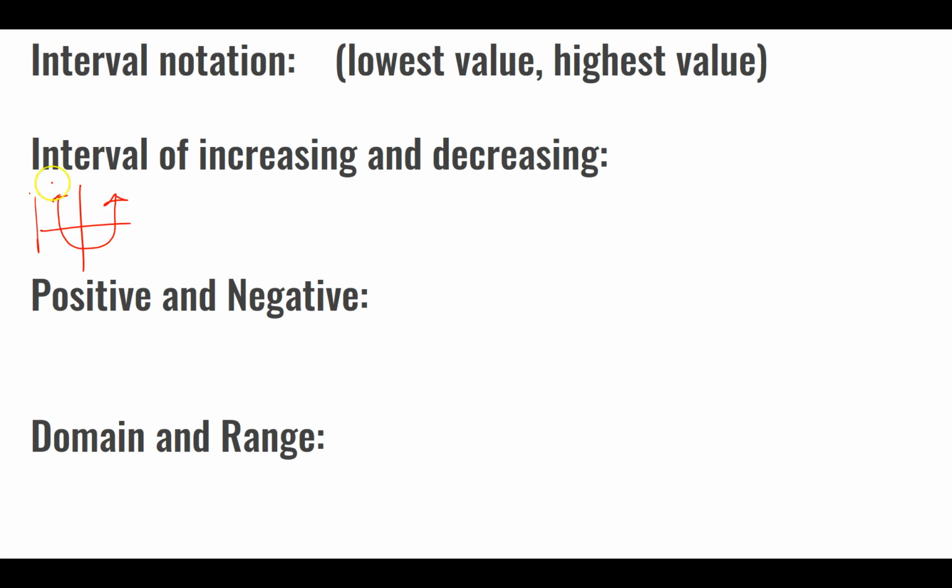Okay? This piece is decreasing, right? It's falling down. This piece is increasing. What we do is we go from left to right, so that means we're going to use x values for intervals of increasing and decreasing.